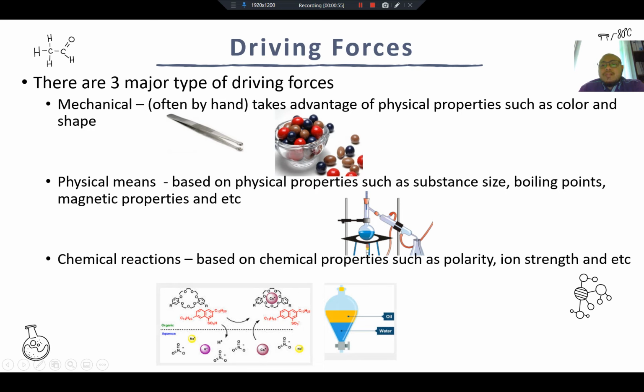So based on chemical properties such as polarity, ion strength, and etc. Okay. So if you look over here, examples of chemical reaction, we do have the interaction, the permeable membrane, or over here they have the polarity, the molecular forces, right? So that is also under chemical reaction. Okay.